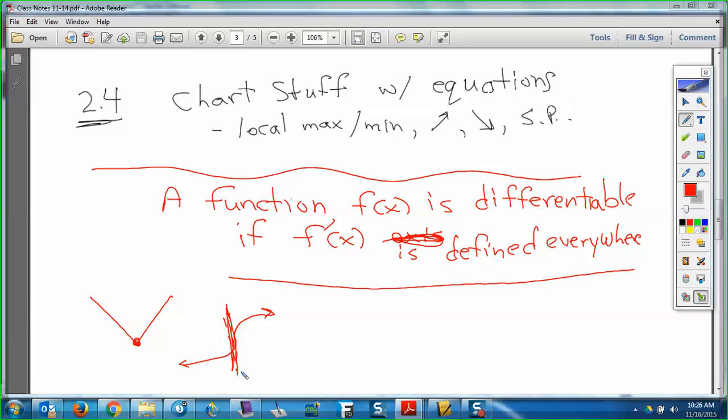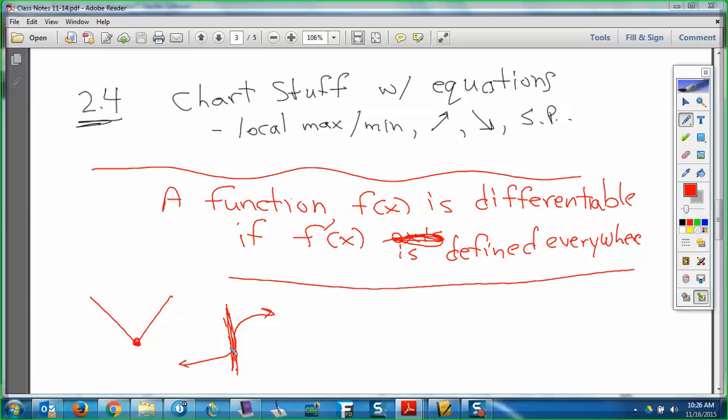Okay? Now, would those two functions that I just drew be continuous? Yes, they're continuous. They're not broken. The cars meet right there. There are no holes and nothing weird.